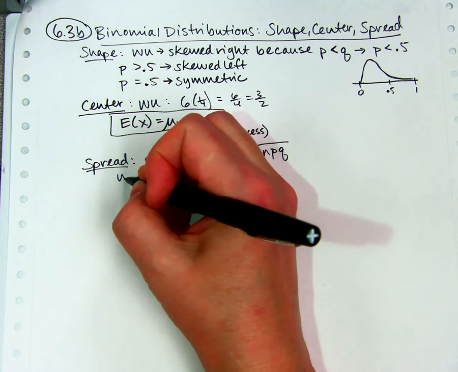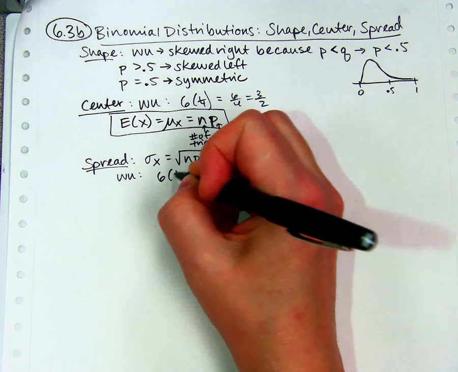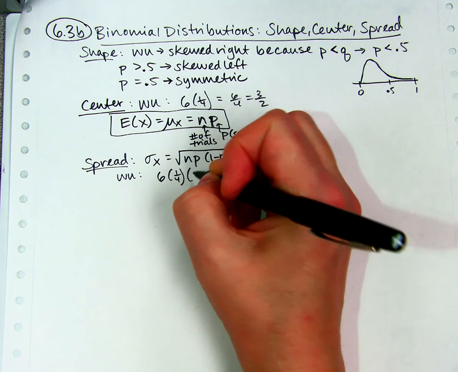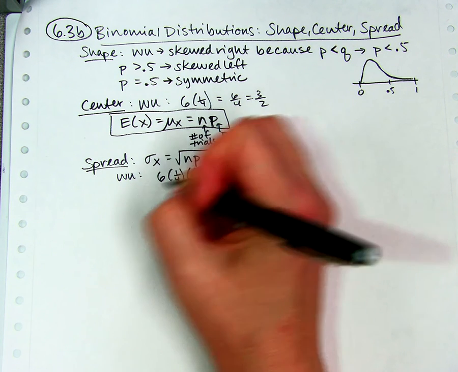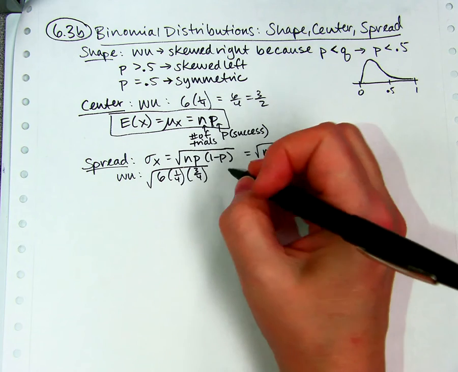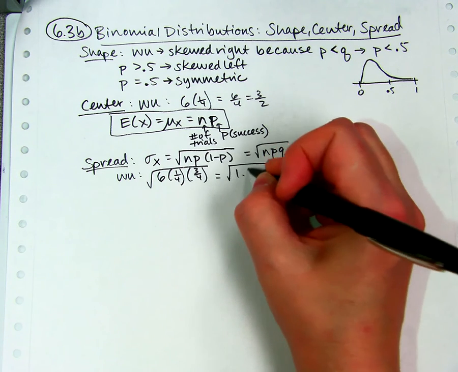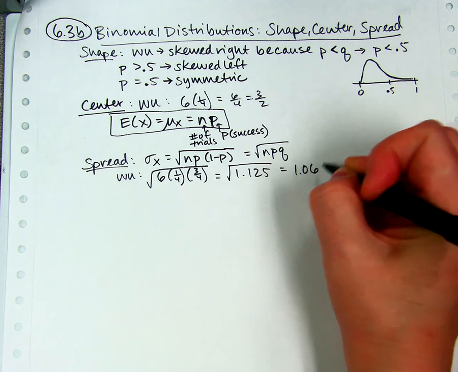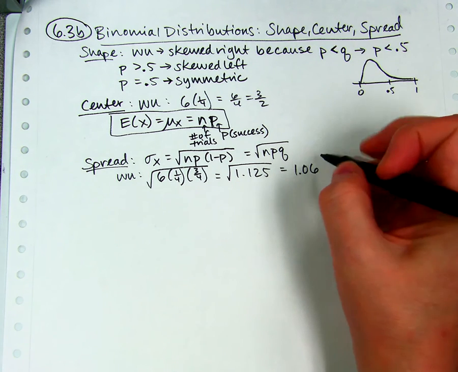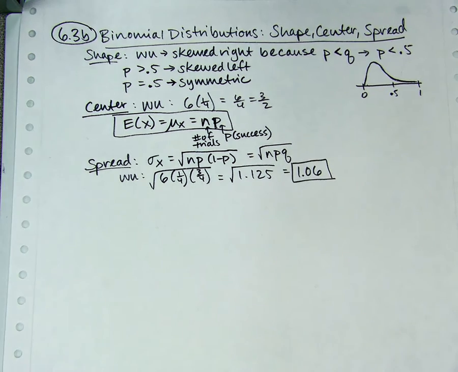In the warm-up example, we had 6 was n, and the 1/4 was the probability of success, and the probability of failure was 3/4. And so then you square root all of that, right? So if you multiply this all out, you get 1.125, and then when you square root it, you get 1.06, which is the typical deviation from the mean for the quiz that we were talking about in the warm-up.